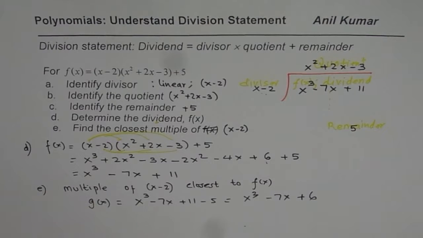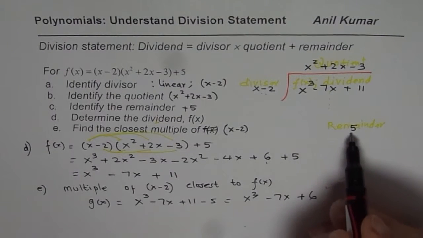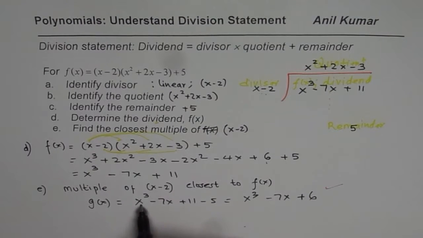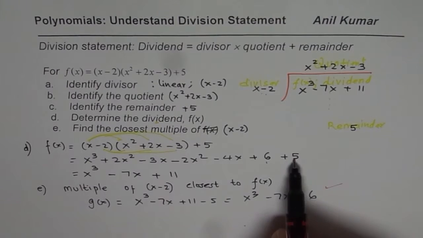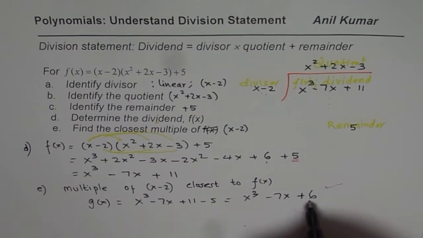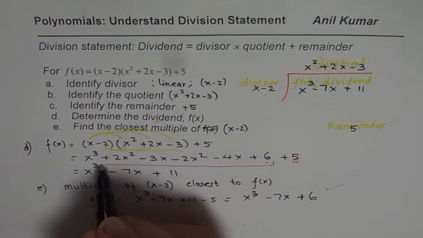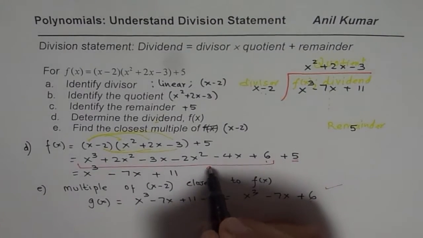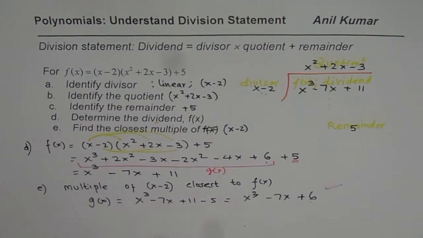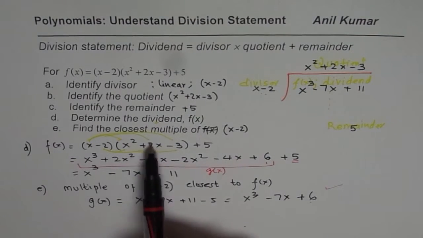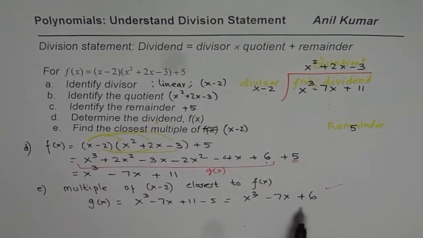As an exercise, I hope you understand that process. When you divide this by x minus 2, you'll not get a remainder because we have already taken away that remainder and written a function up to this place. So that is my g of x. That is a multiple of x minus 2, right? That times this is the closest multiple.